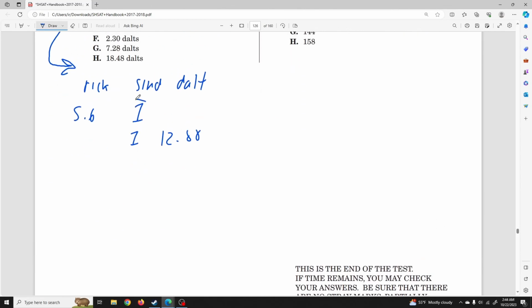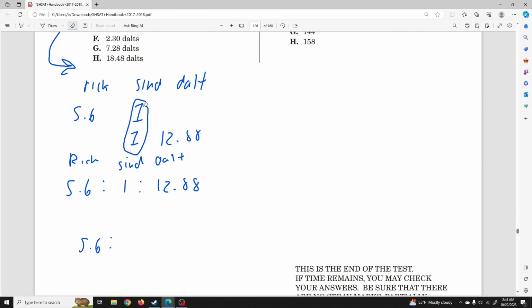And remember, because we have 1 in the middle, we can just combine this into one linear thing, right? So Rick and Dalt and Sind, right? So that means that these are all the same thing. This also means that 5.6 Ricks, because there's something in the middle, and because it's all in one line, I can say that this ratio is equal to this ratio.